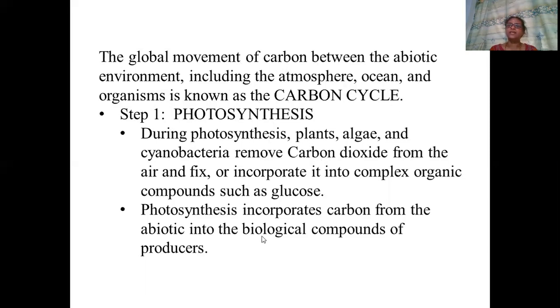In this carbon cycle, you will see various steps, but the first step that we are going to discuss is photosynthesis, the only step where carbon is received by the plants. So carbon is used up here from the atmosphere. During photosynthesis, plants, algae and cyanobacteria remove carbon dioxide from the air and fix it in the form of complex organic molecules like carbohydrates, you can say glucose.